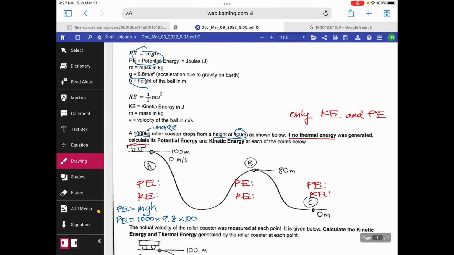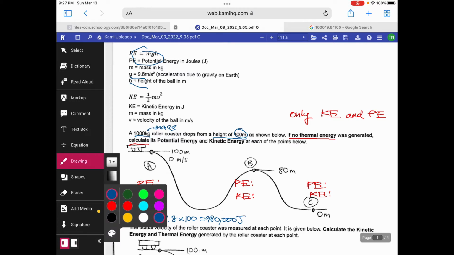So the potential energy of the cart is 980,000 joules. So right here, I am going to write 980,000 for the cart's potential energy at point A.